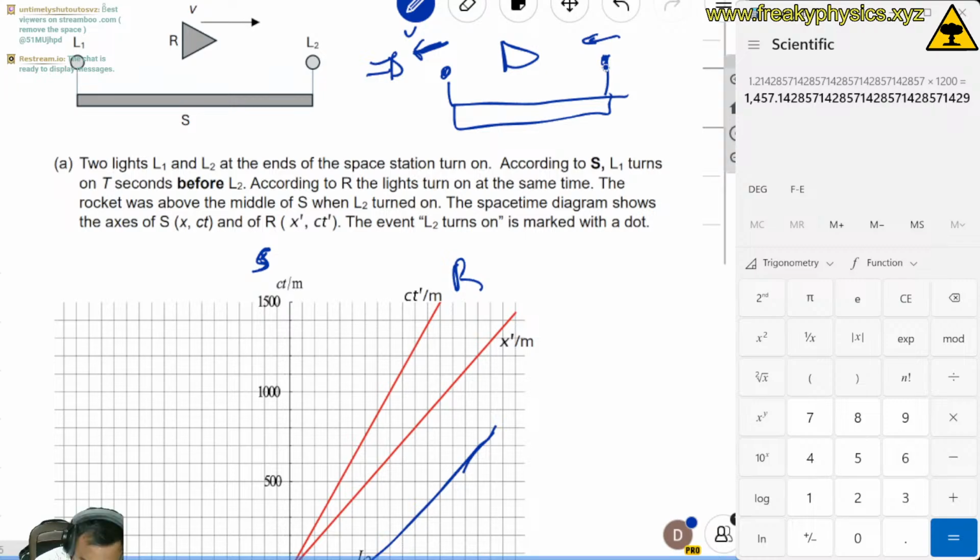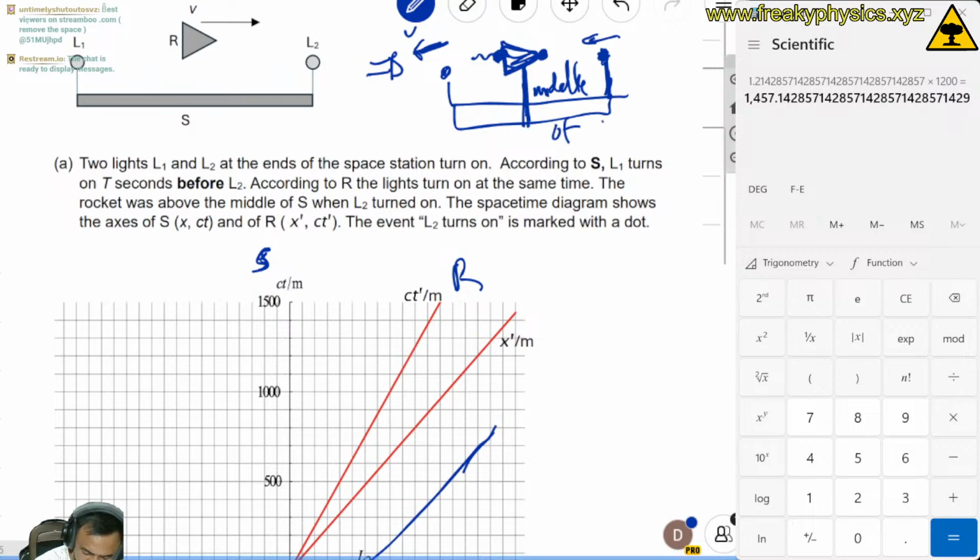When the lights hit R, actually no, we should not draw the things here. We should draw the other way around, going out like that first. So when it's here, basically when it's here, this is what's happening. The rocket is exactly in the middle, right?